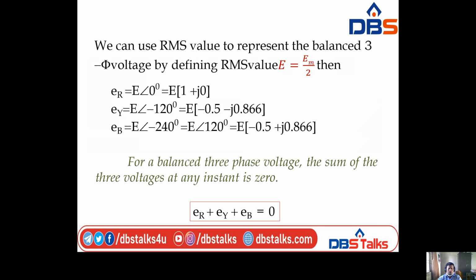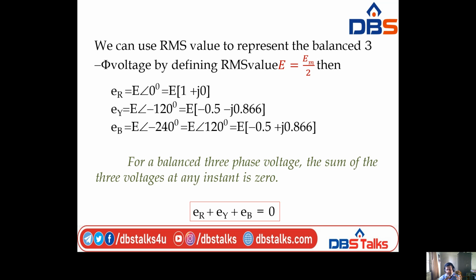So now we can use RMS values to represent the balanced three-phase voltages. Generally, for AC systems, we utilize RMS values, root mean square values. For DC systems, we represent the voltages in average values.